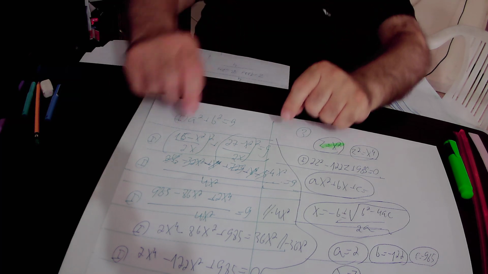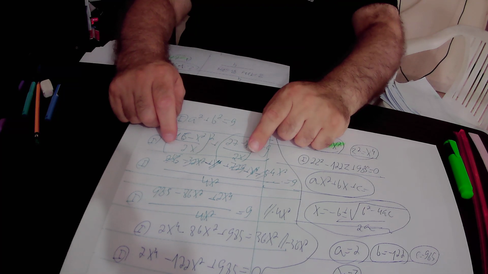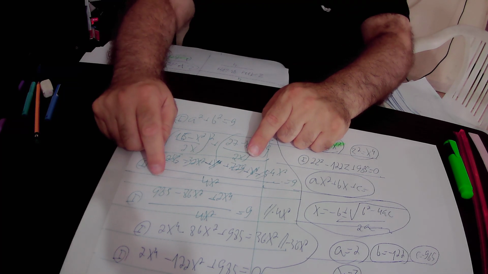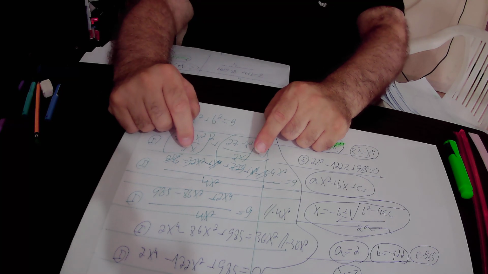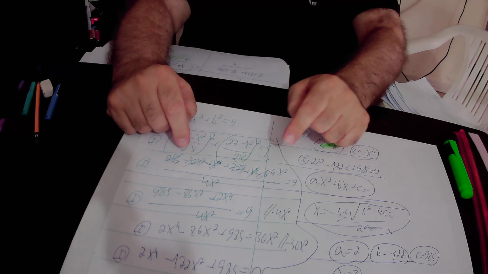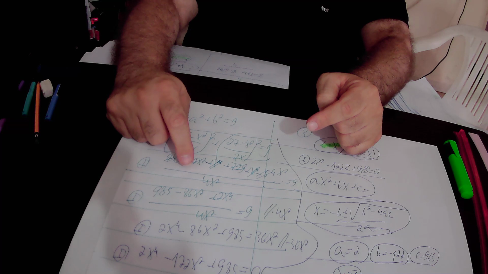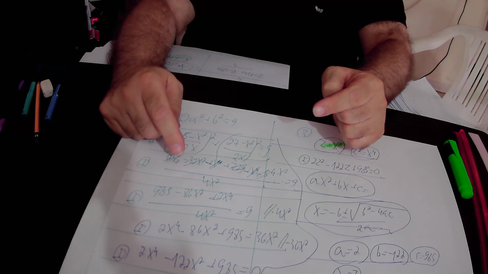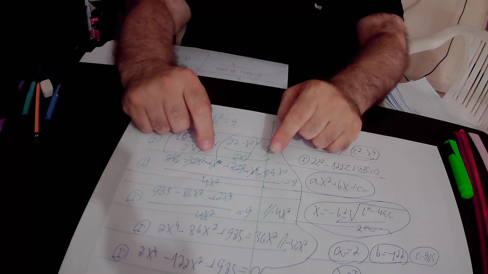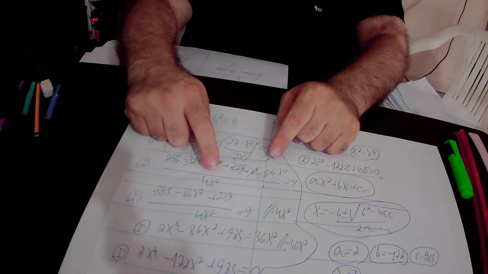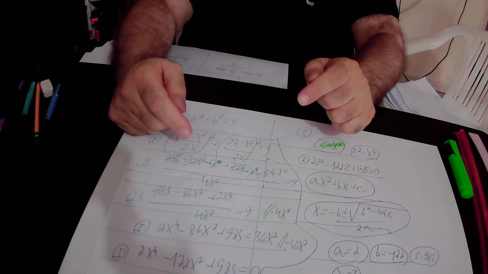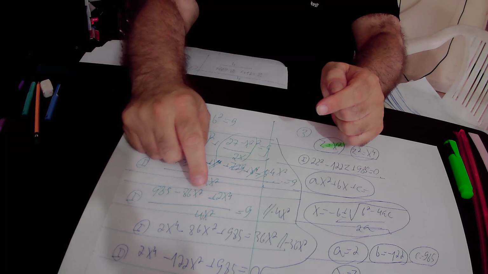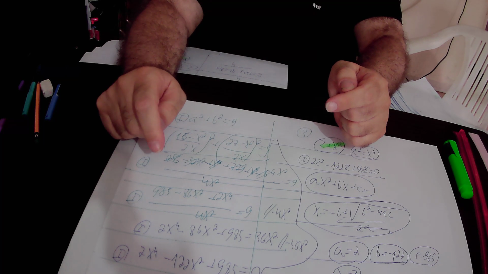So here we have 256 plus 729 is 985, minus 32X squared minus 54X squared is minus 86X squared, and X to the power of 4 plus X to the power of 4 is 2 times X to the power of 4, all divided by 4X squared equals 9.